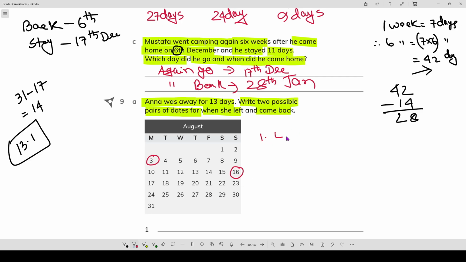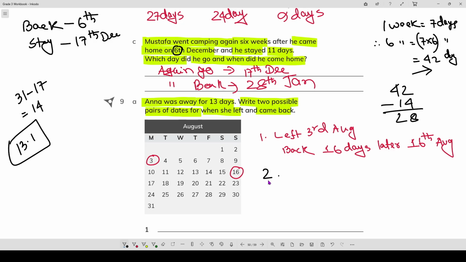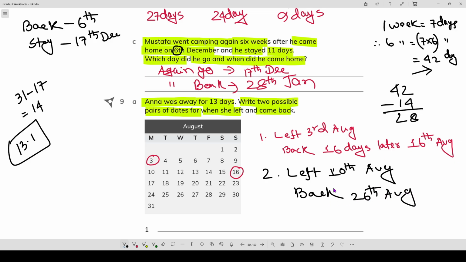Second, suppose she left 10th August and came back 13 days later, it means 23rd August. Okay, very simple.